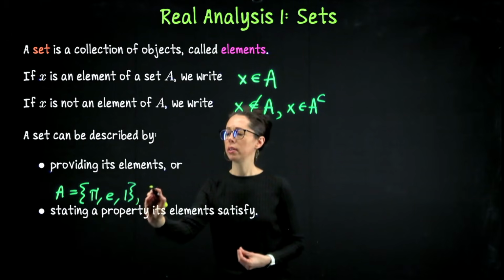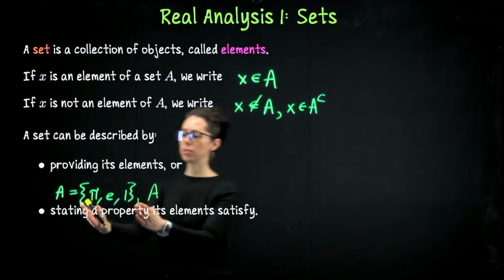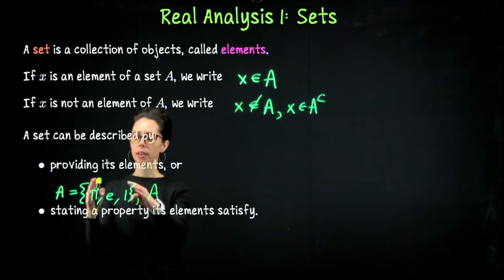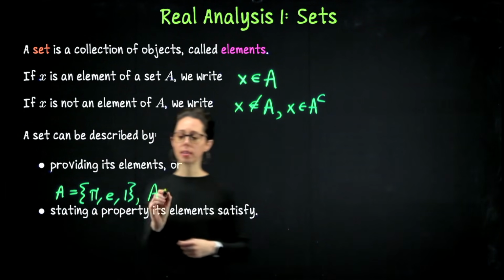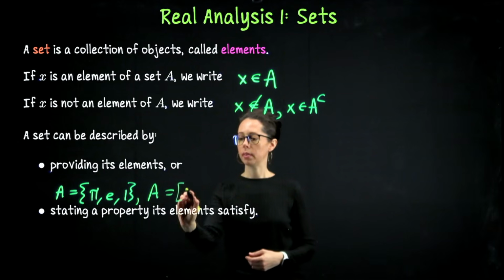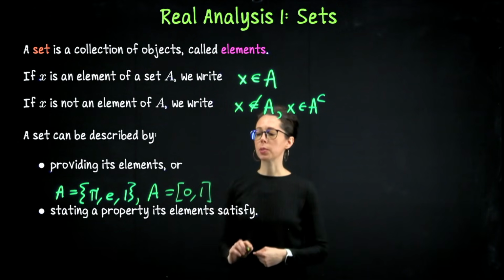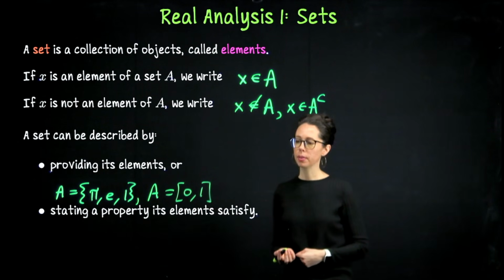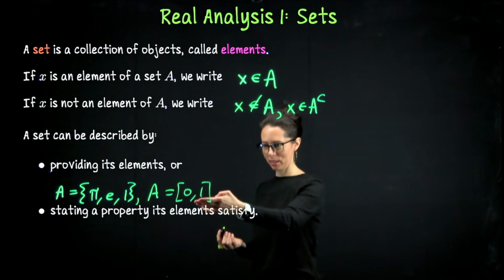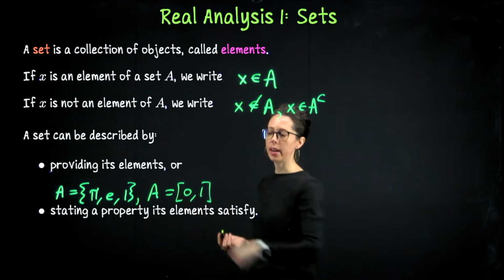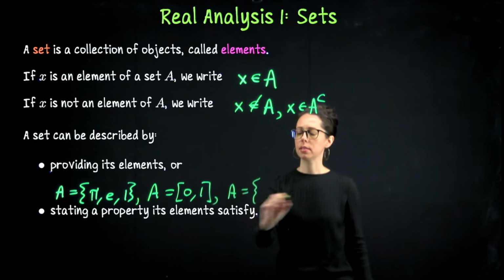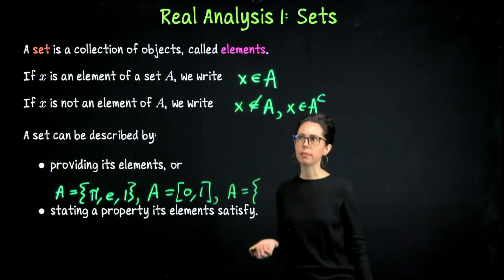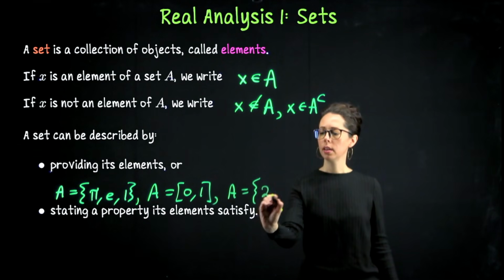You could also provide the set not using this curly bracket notation. So this here is like the box that I put the numbers in. You could say A is all of the real numbers between 0 and 1 inclusive. So this is like a description of all of the elements in the set A. We could say A is the set of positive even numbers.